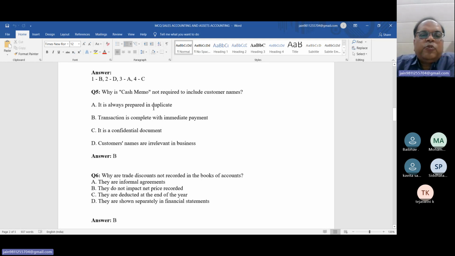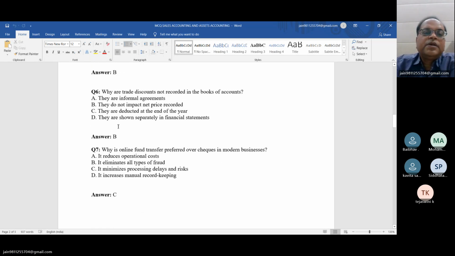Is it always prepared in duplicate? No. The transaction is complete with the immediate payment because you have received the payment. So no need to mention the name of the customer. So I think the correct answer should be B. The transaction is complete with the immediate payment. So the correct answer is B.